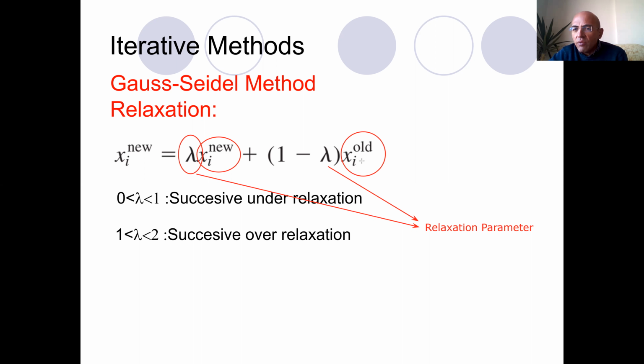But if the matrix is highly diagonally dominant or well conditioned and you want to decrease the number of iterations, then you use over relaxation. In that case, you choose a lambda greater than 1. Choosing lambda greater than 1 tells you that basically you are approaching the solution from the right way.